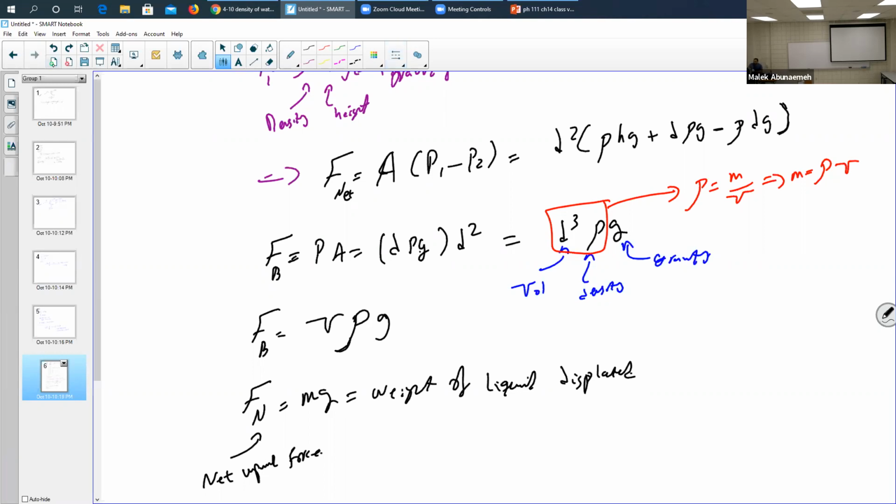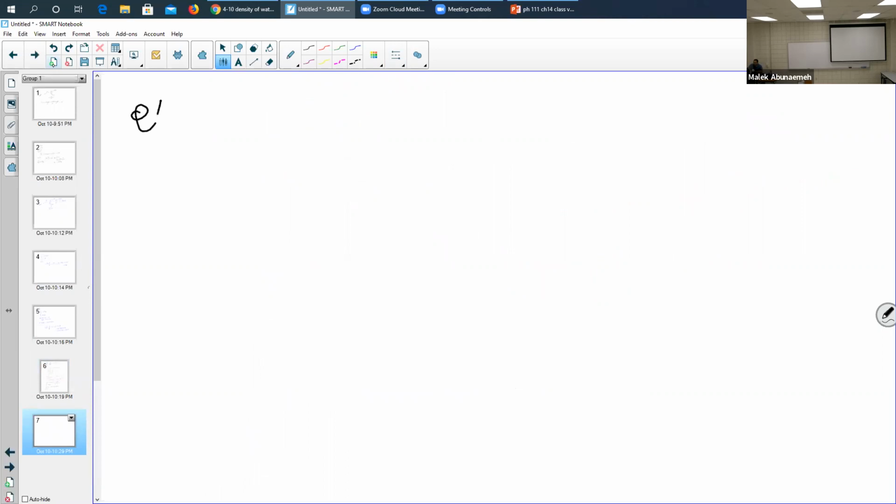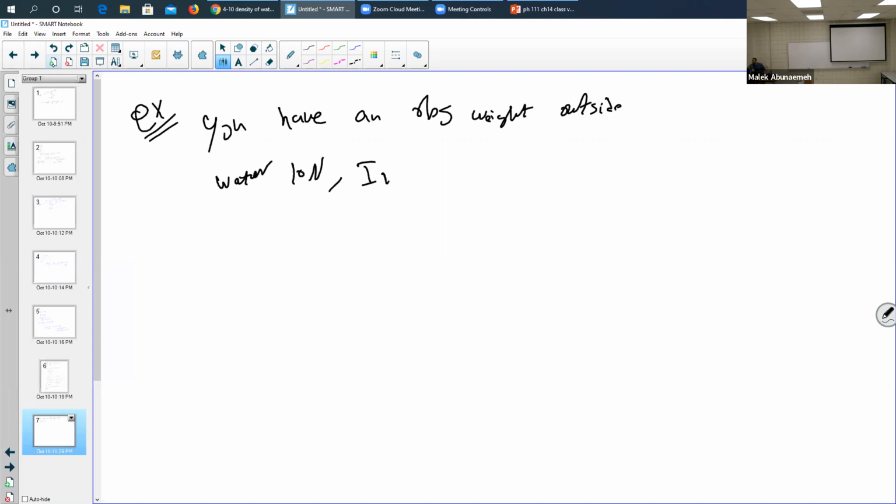So let's do an example, shall we? Let's say you have an object that weighs outside the water 10 newtons. And in water, it's going to be 2 newtons.